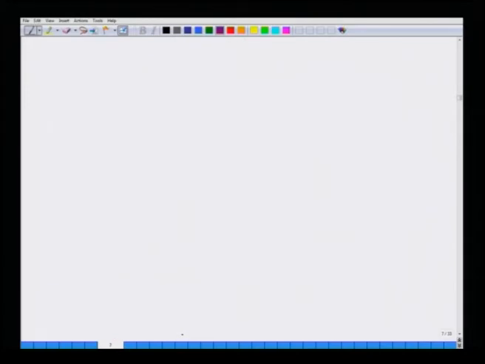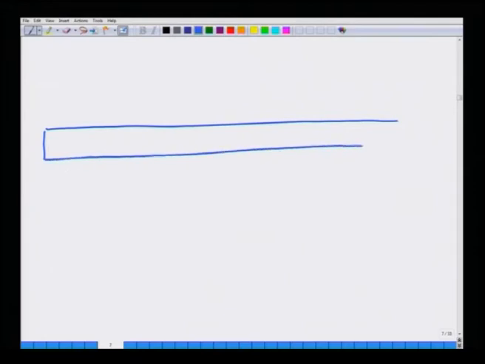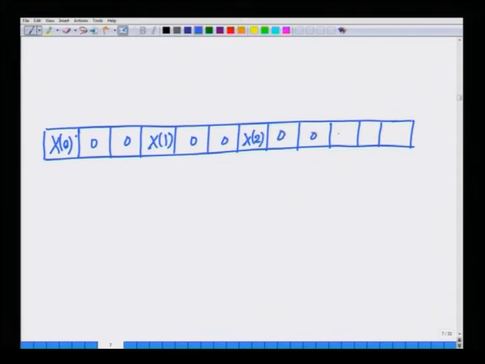One way to do this is, I have 12 subcarriers. I can load x0, 0, 0, x1, 0, 0, x2, 0, 0, x3, 0, 0. So, these are the 12 subcarriers.